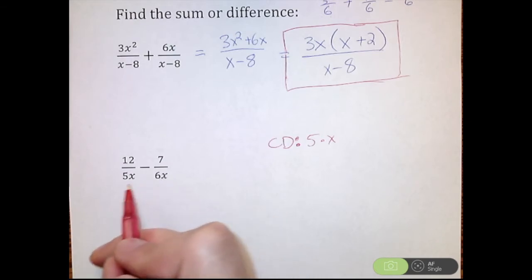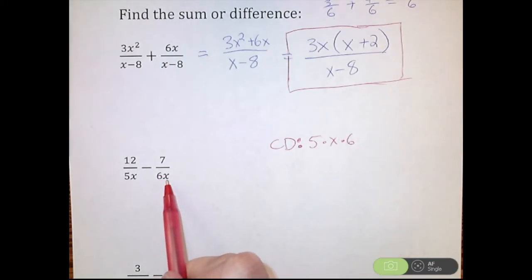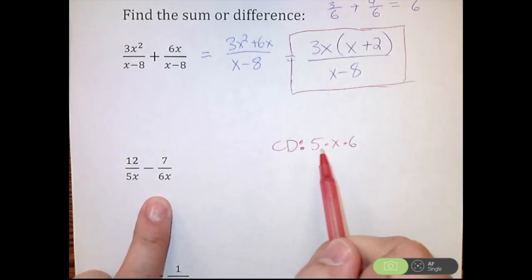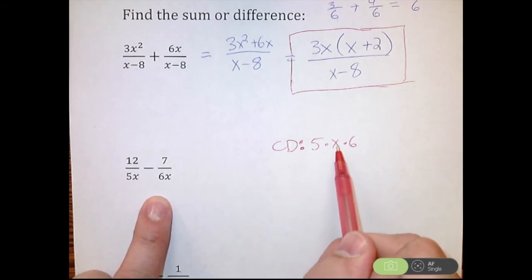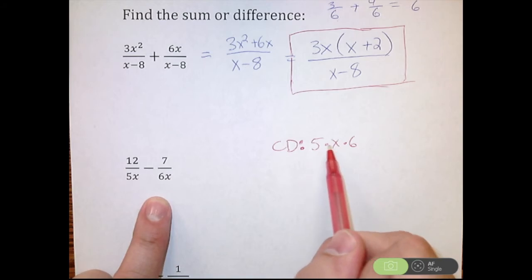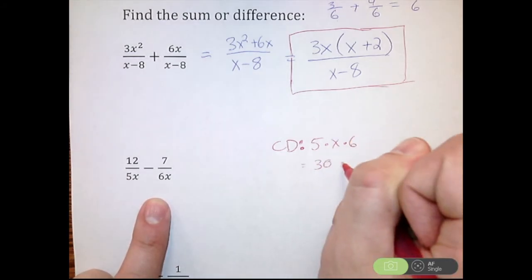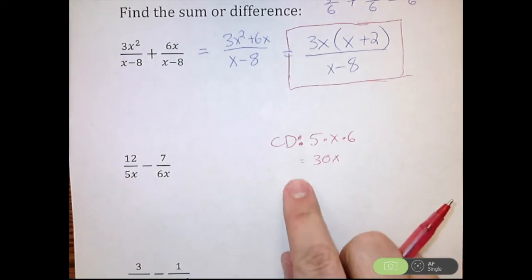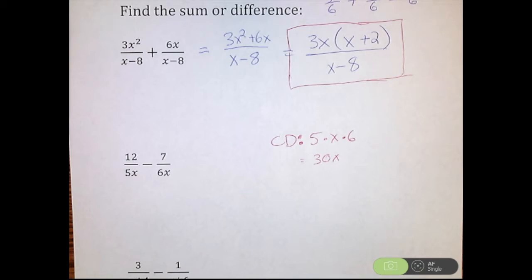It says I need a 6, so I don't have a 6 in this list yet, so I'm going to add a 6, and then I need another x. Notice how x shows up again. I'm not going to list another x since I already accounted for it in my list. So I have 5 times x times 6. Well, that is the same as 30x. So my denominators need to be 30x before I can add and subtract these together.